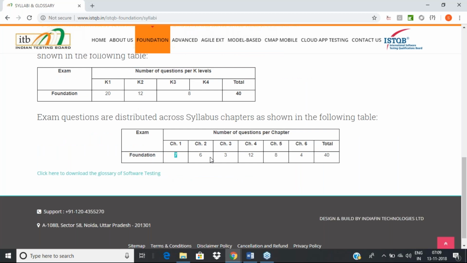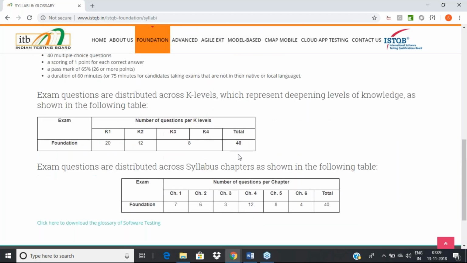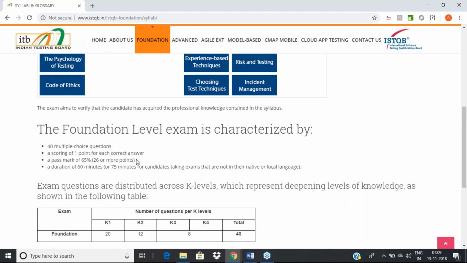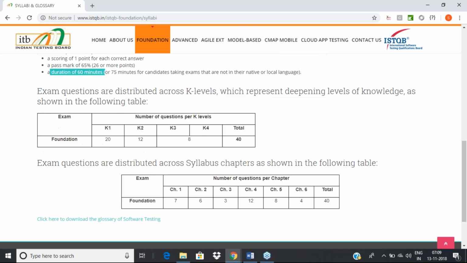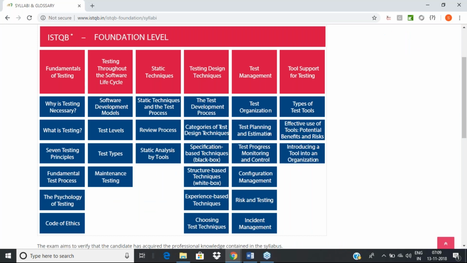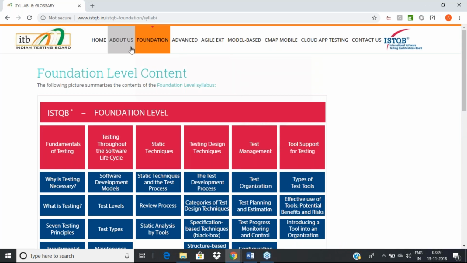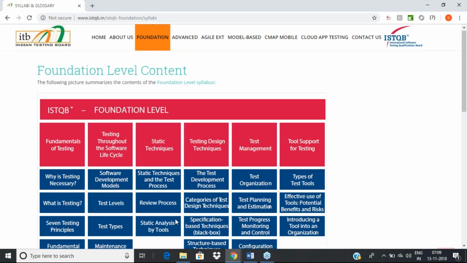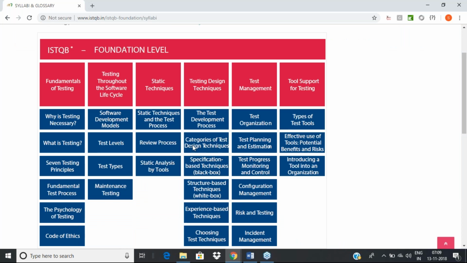Chapter 1 7 questions, chapter 2, again chapter-wise, category-wise, total 40 questions, 65% or 26 points, duration of 60 minutes. Don't go through this, it is the old syllabus. I'll show you the latest one.